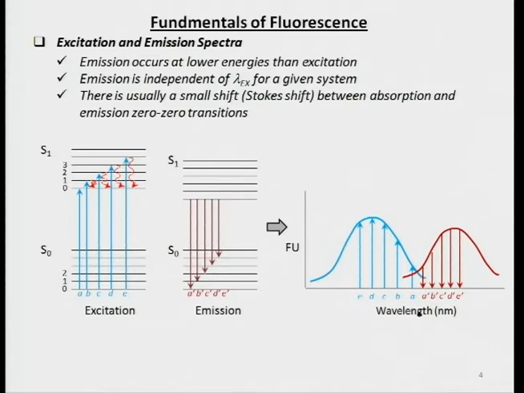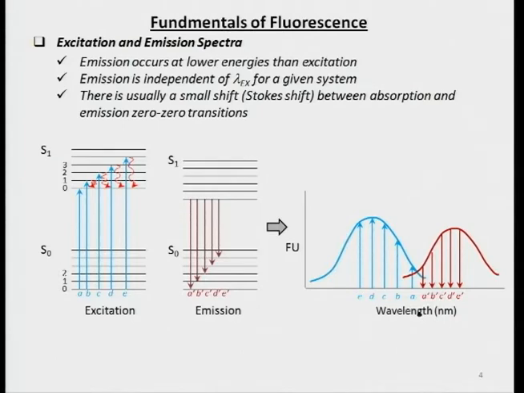And this is logical, right? Whatever you put into the system, you don't get 100% out. So fluorescence spectrum is always going to be on the lower energy side, or the higher wavelength side, of the excitation spectrum. Usually there is a difference between the A transition, the 0-0 transition on the excitation, and the A prime transition, which is also the 0-0 transition on the emission, and that difference is called the Stokes shift.